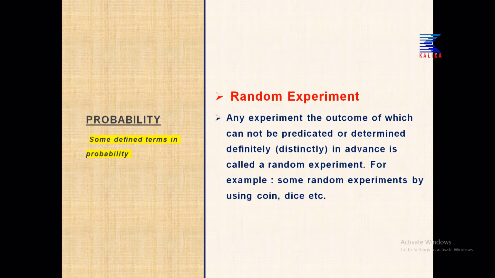In a random experiment, we do not predict it, we do not determine before something occurs. That is known as a random experiment. We do not plan for something special to occur. That is known as a random experiment.